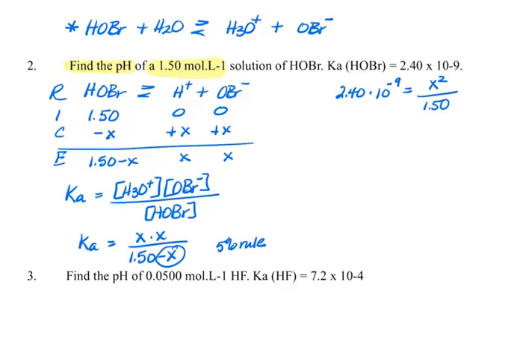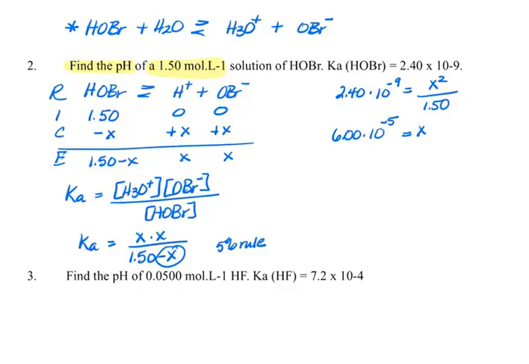We're going to cross multiply the 150 and then square root both sides and get our x value. And again, please double check my number, because I got 6.00 times 10 to the negative 5.